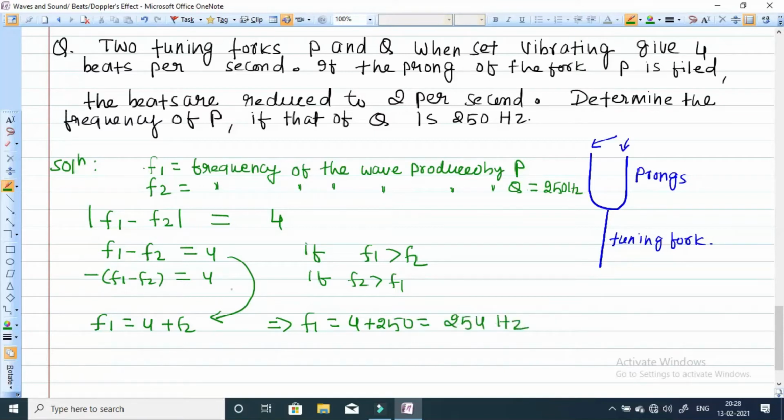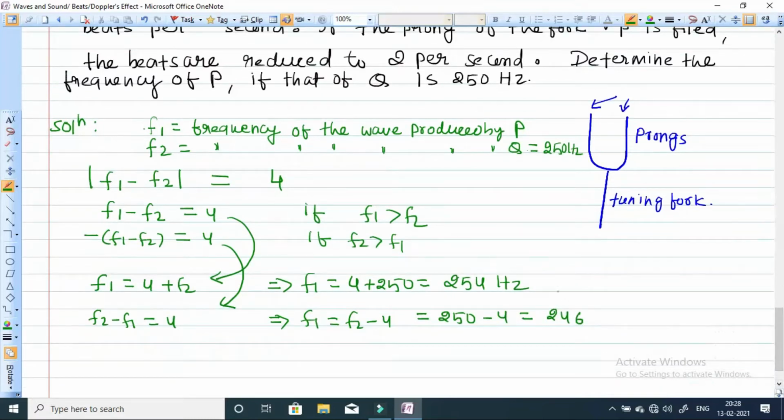From the second equation, F1 equals F2 minus 4, which is 250 minus 4, equal to 246. So the possible values of F1 are either 254 Hertz or 246 Hertz.